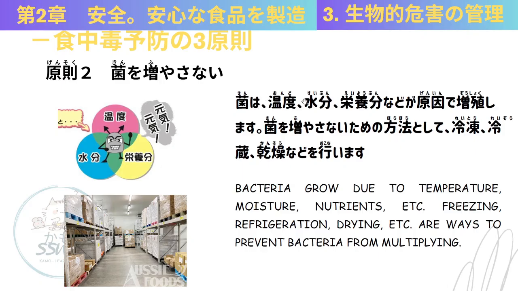Bacteria will grow due to three things: temperature, water, and nutrients. As a method to not let the bacteria grow, we need to freeze them, cool them, or dry them. It is to prevent the bacteria from multiplying.